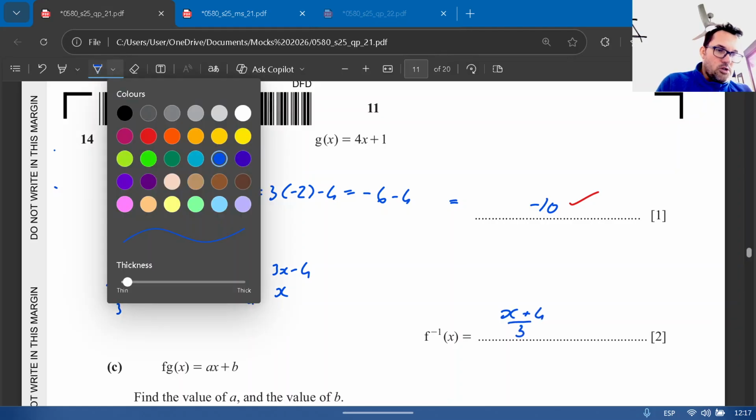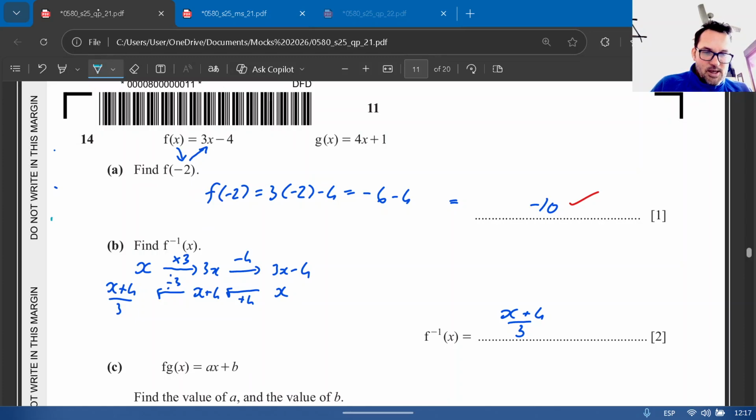If that confuses you, there's another way of doing this. It's the same as changing the subject. So if we have to make x the subject here, we first move the minus 4 to the other side. It will become plus 4, and then divide by 3, so y plus 4 divided by 3 is x. If you do it this way, that's fine.